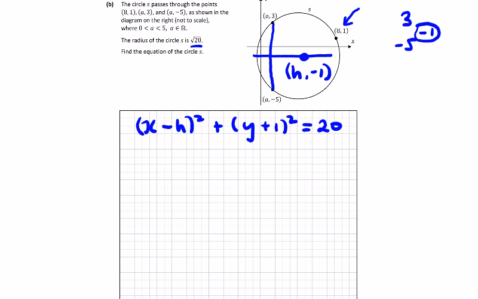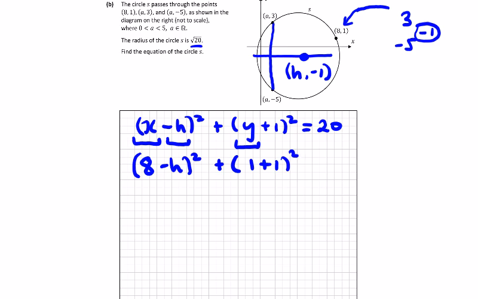So we have 3 unknowns here, our x, our h and our y, so we need to get it down to one unknown, and this is where the point 8, 1 will help. Putting 8 in for x, we get 8 minus h squared. Putting 1 in for y, we get 1 plus 1 squared equals 20.